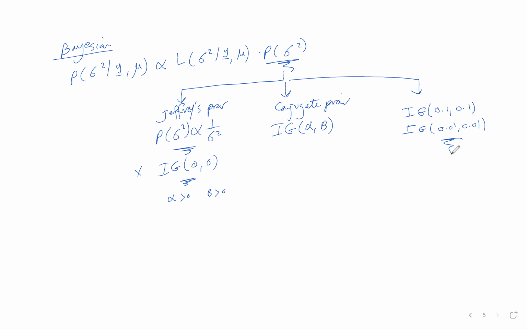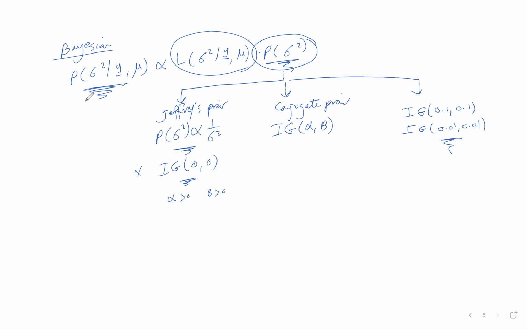So it looks like whatever we are using, Jeffreys prior or conjugate prior or any other prior, it is inverse gamma. So you multiply inverse gamma by the likelihood, and you will find the posterior distribution is also inverse gamma. So let's multiply these together and get the posterior distribution.